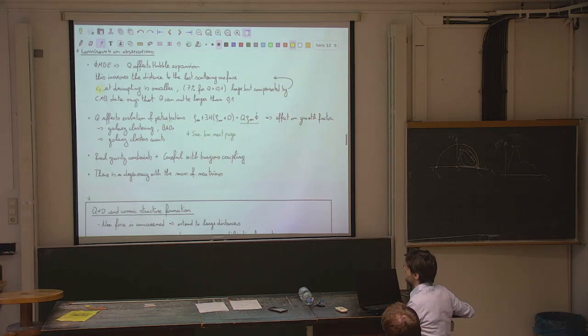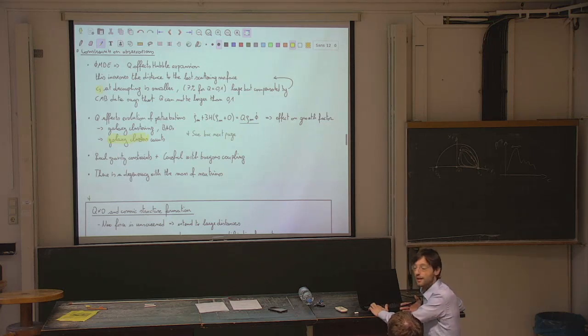Then there is the CMB, but since we have seen that the coupling is affecting the dynamics of matter, we could also observe the effect of Q on galaxy clustering, therefore the distribution of galaxies across the universe, the baryonic acoustic oscillations, the clustering of galaxy clusters, and the number of galaxy clusters.